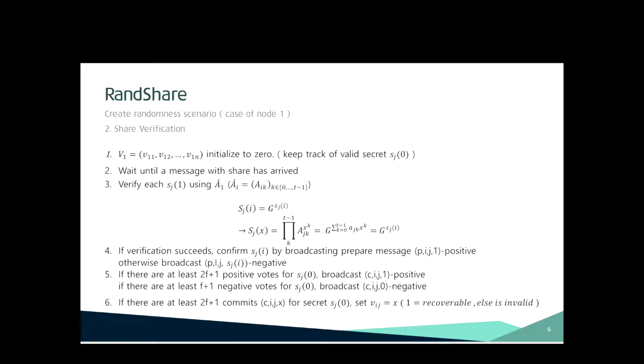And if there are at least 2f+1 commit messages C_ijx for secret s_j(0), then set v_ij as x. If x is 1, that means s_j(0) is recoverable, otherwise it is invalid.